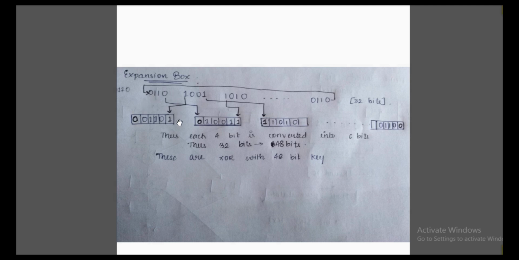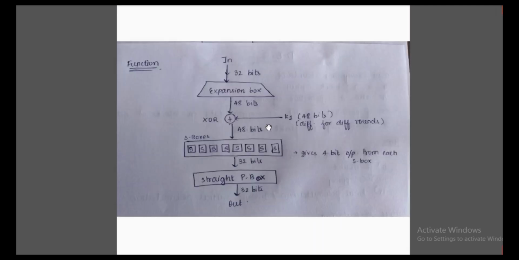Similarly for the last bit, I'll take the block next to it, and the first bit of it will be put here. Thus each 4 bits is converted into 6 bits, and this is the way in which 32 bits will go to the expansion box, and the output will be 48 bits, and these can be easily XORed with the 48-bit key, which we have seen in this function. So here I have shown what happens.